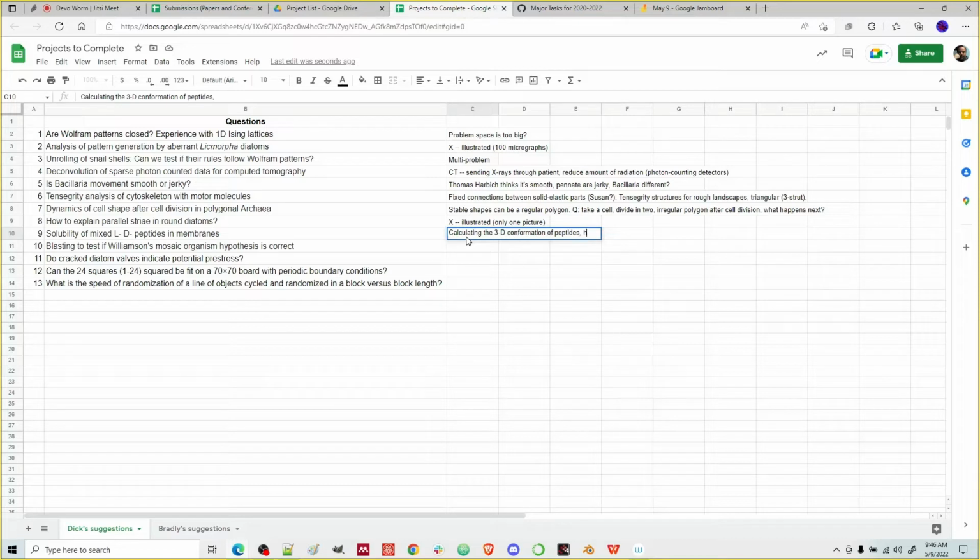The idea here is that at the origin of life, you might have had mixed peptides. What's their solubility of a mixed peptide in a membrane, and does it lead to any selection for the L peptides, which are what all living organisms use nowadays?